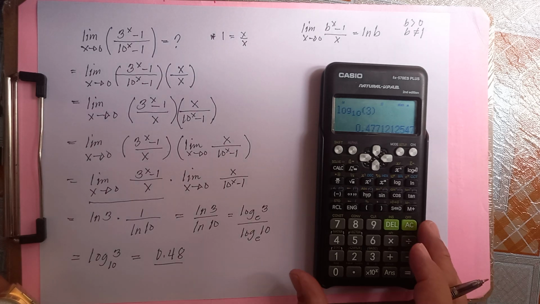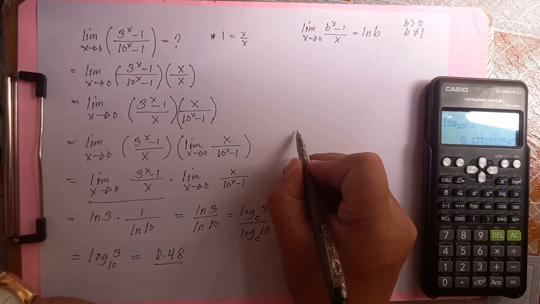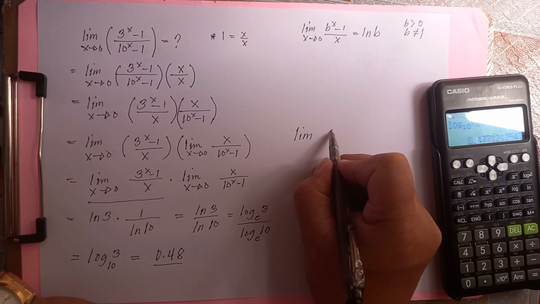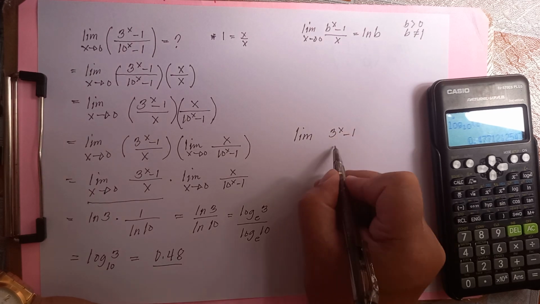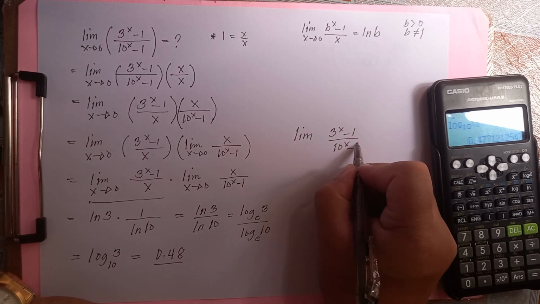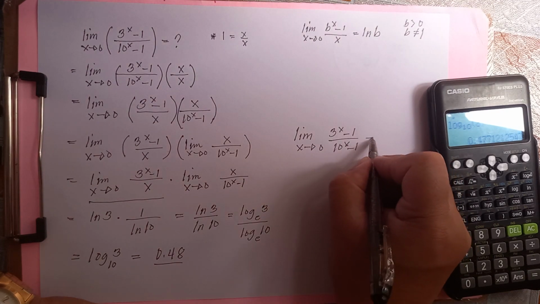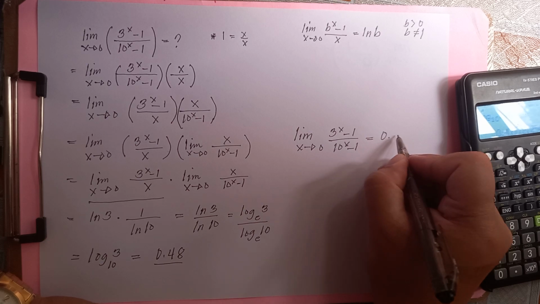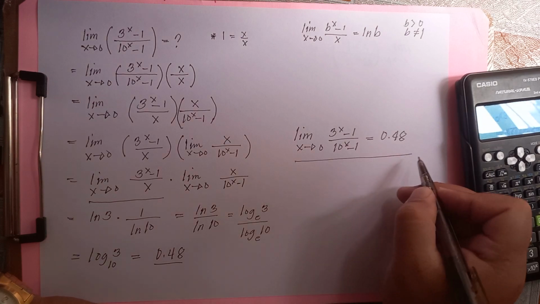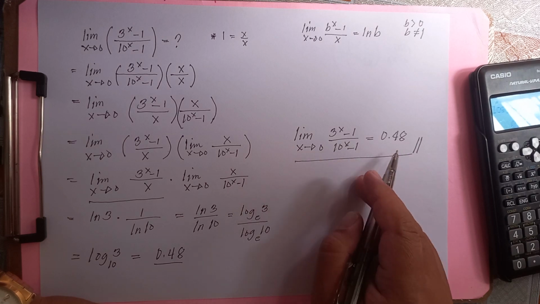Having the result, we can now conclude that the limit of 3 raised to x minus 1 over 10 raised to x minus 1 as x approaches 0 will give you 0.48. So the limit of this statement is 0.48.